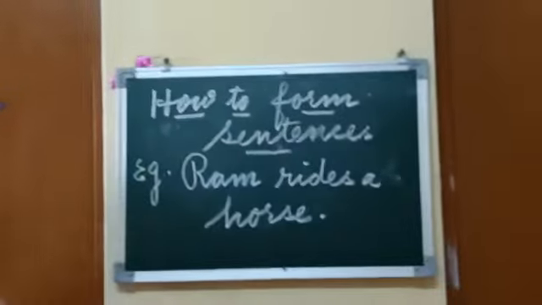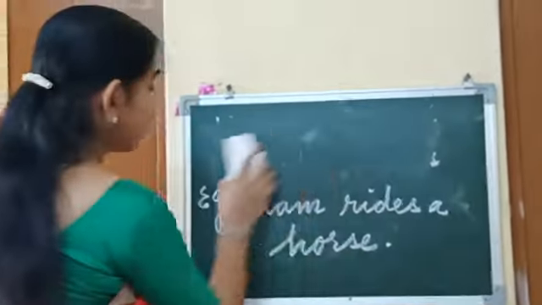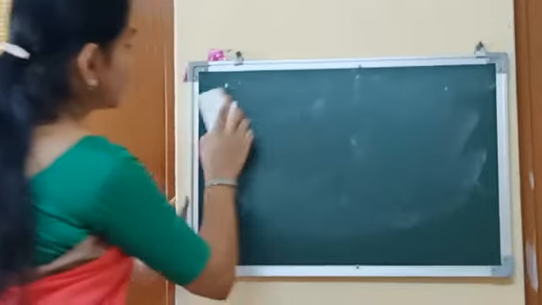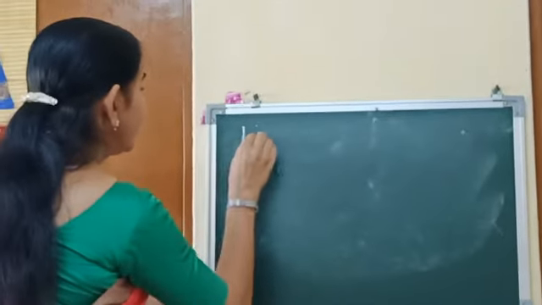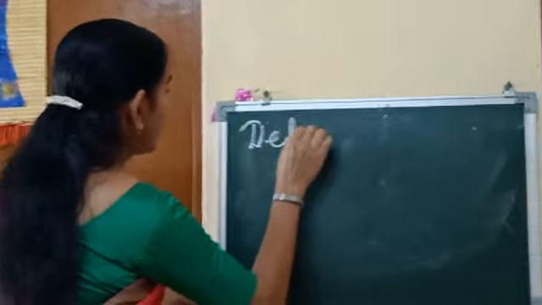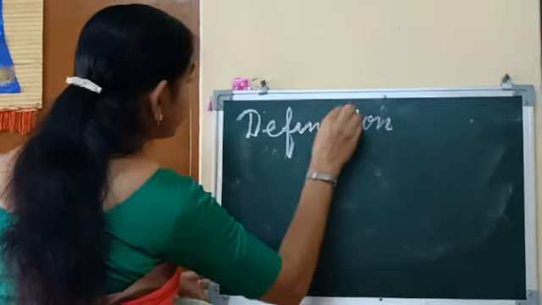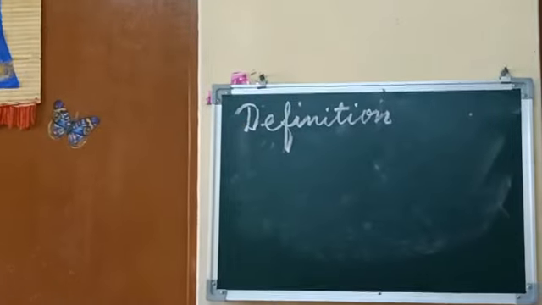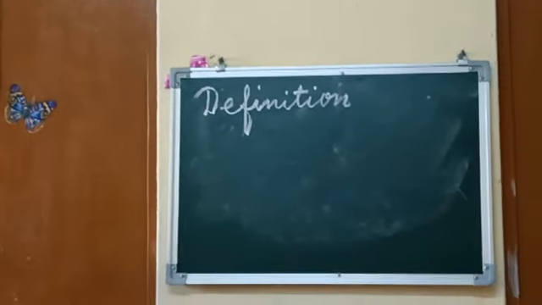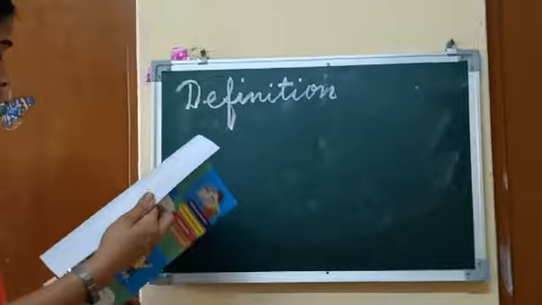Now you understood words, letters and sentence. Now, let us learn the definition of a sentence. We are going to define a sentence. If you want, you can note it down in your copy.